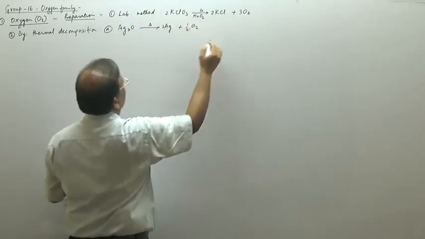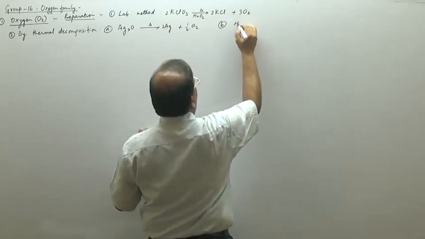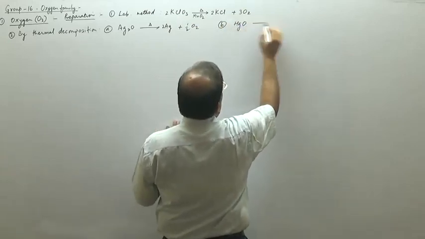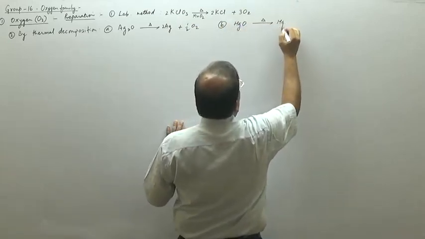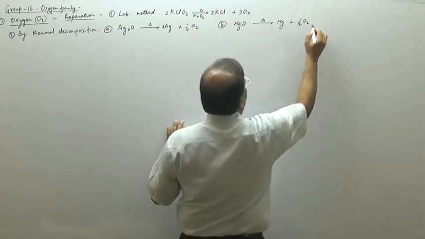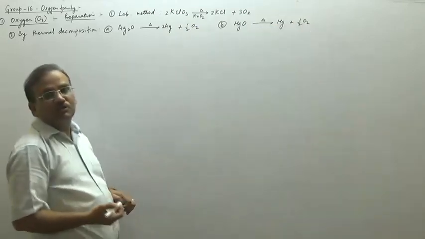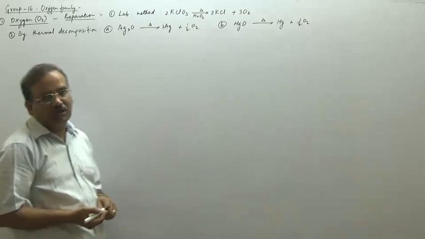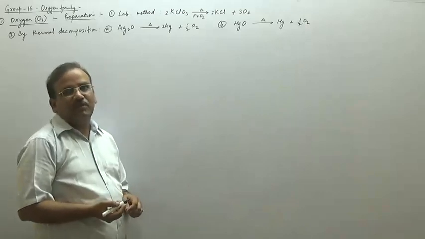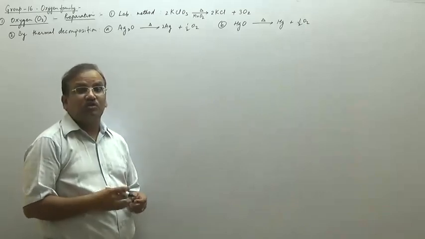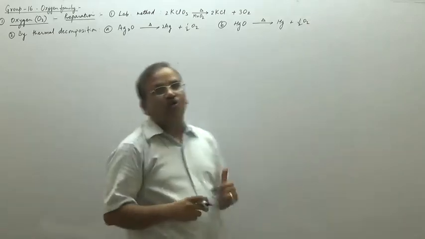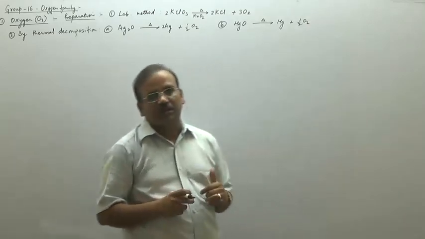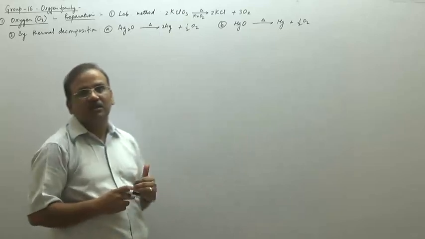The decomposition of mercuric oxide gives mercury plus half O2. Similarly, consider the lead oxides, Pb3O4 or PbO2. Due to the inert pair effect, PbO is more stable, with lead in the +2 state.